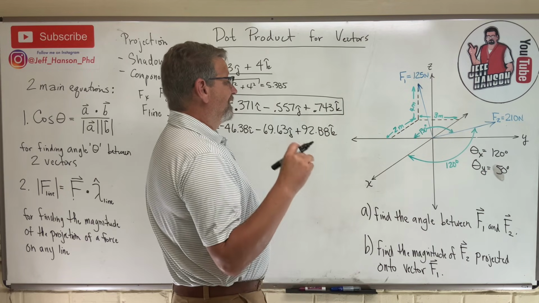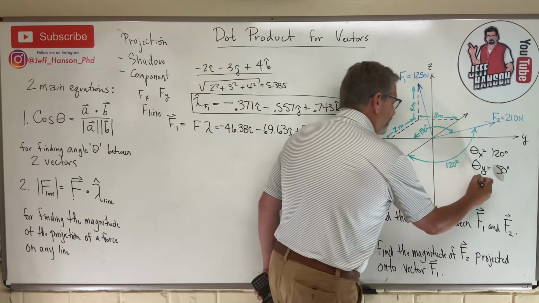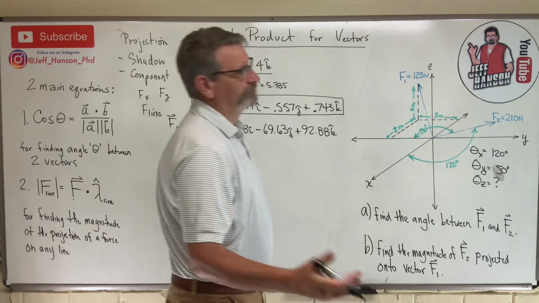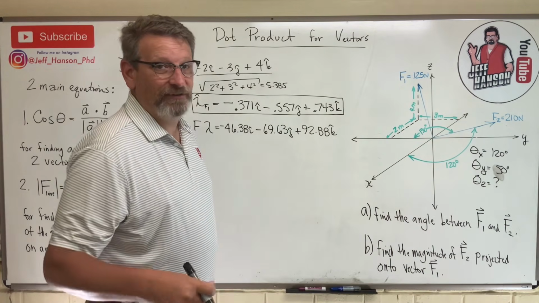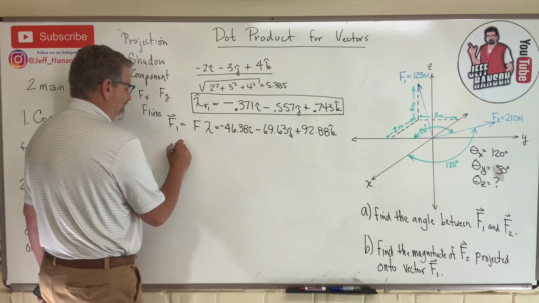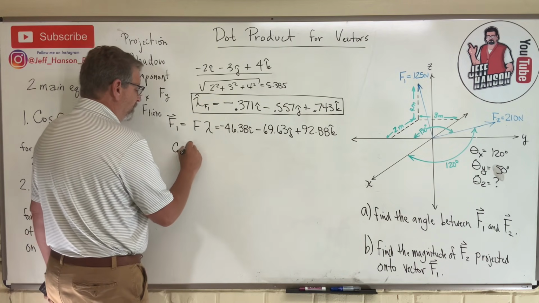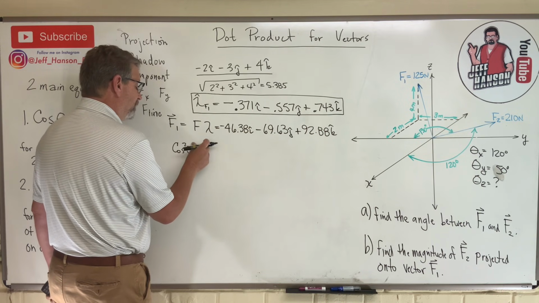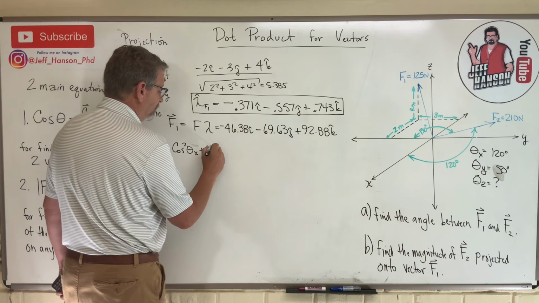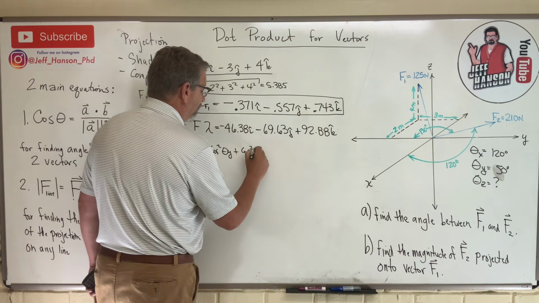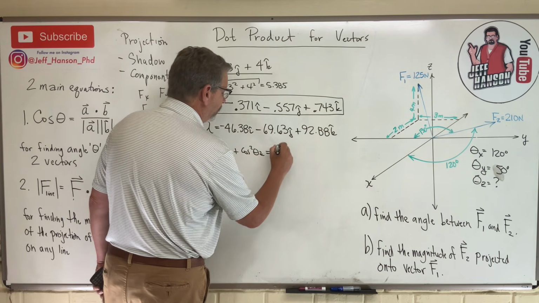Now what's missing? They didn't give me theta z. Theta z equals question mark. But we're smarter than the average bear. Let's see if we can find it. Do you remember the equation? The equation is this: cosine squared theta x plus cosine squared theta y plus cosine squared theta z equals 1.